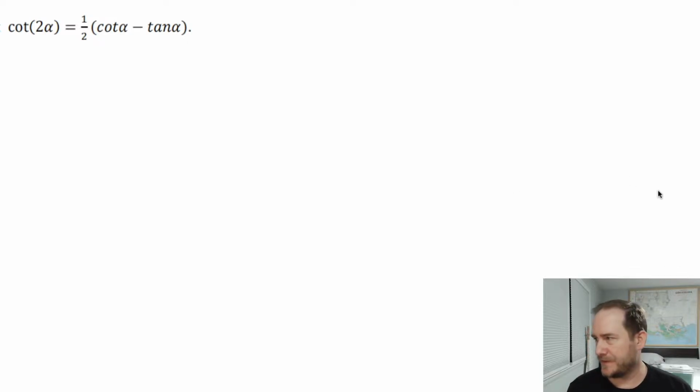So the first thing I'll say is, you know the cotangent is the reciprocal of tangent. So if you're trying to get to cotangent of 2a, then you're basically just trying to get to 1 over tangent. And let's not forget the tangent of 2 alpha, that's 2 tan alpha over 1 minus tan squared.